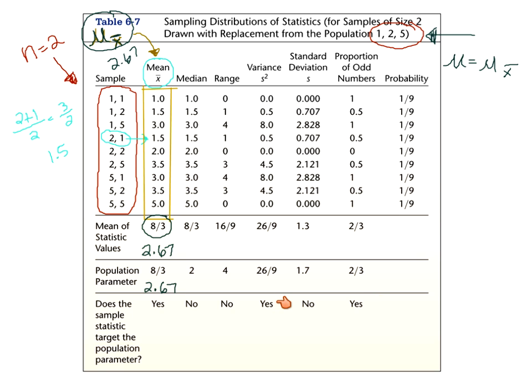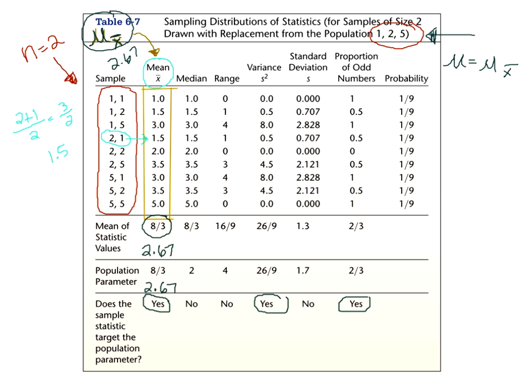And then again, that happens again with proportions. So then you see which sample statistics target the population parameter: the sample means, the sample variances, and the sample proportions. If we take our variances from our samples and find the mean of all those variances, that is the same thing as the variance you see in your population.